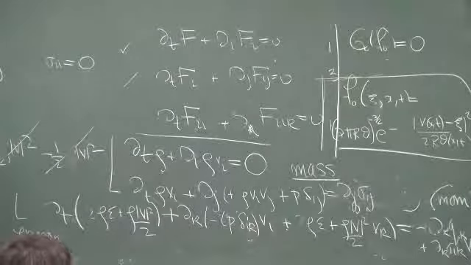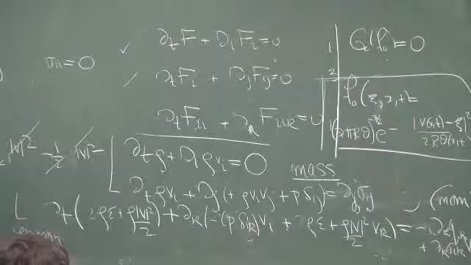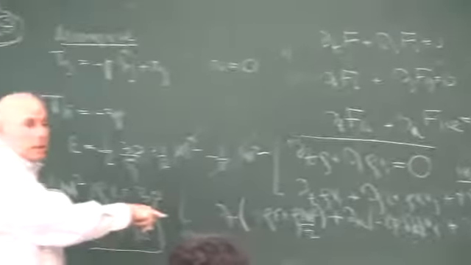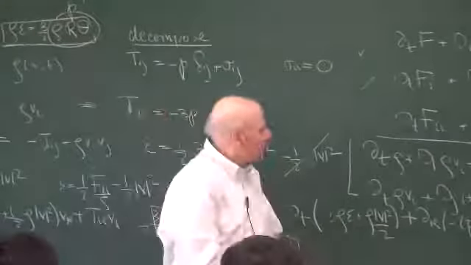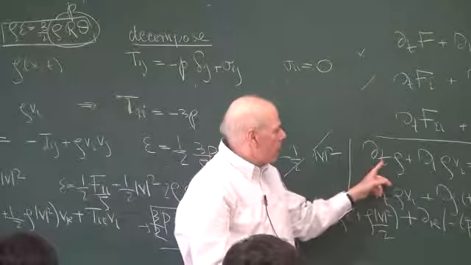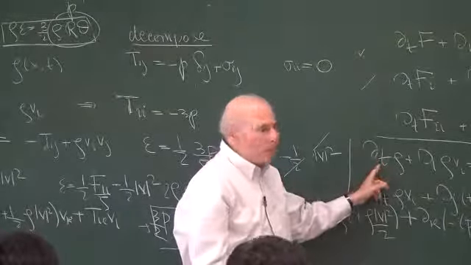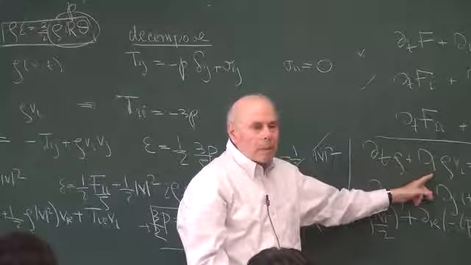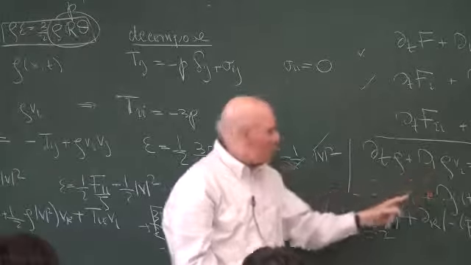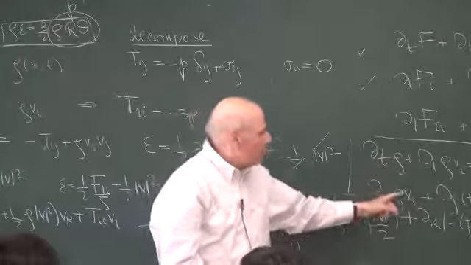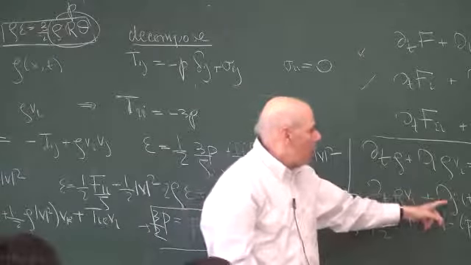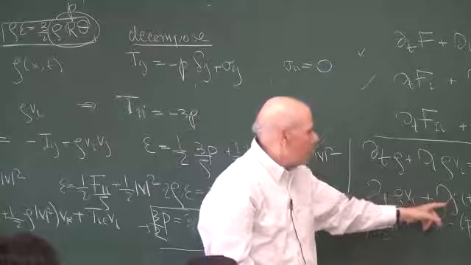Okay, now let's do the same scaling on the balance laws. So it's easy to do. If I do the same scaling on the balance laws, I change t to t prime over epsilon, x to x prime over epsilon. Here the perfect balance. So nothing changes. I change t to t prime over epsilon. Here t to t prime over epsilon.